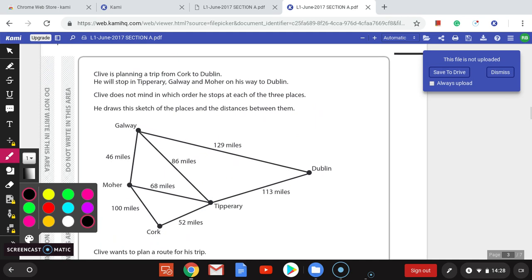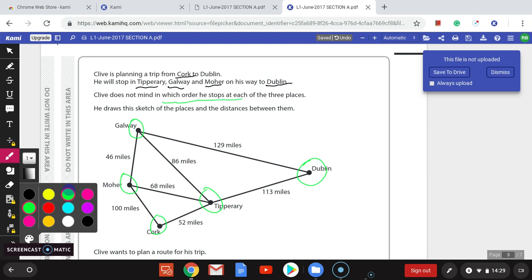So what it does say, go back to the first paragraph, make sure you read this again, otherwise you will be confused. It says he wants to stop basically at all the cities on his way to Dublin, and he's starting from Cork. So we know we're starting at Cork, we're going to end at Dublin, we're going to visit all the cities in between, and it doesn't matter which order he stops in.